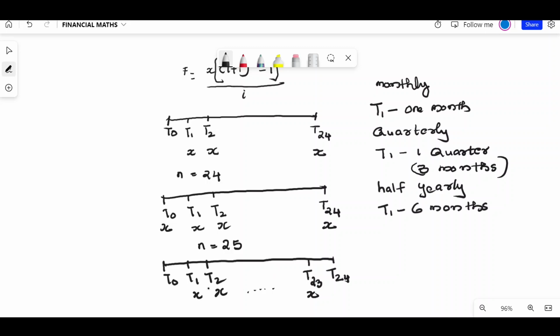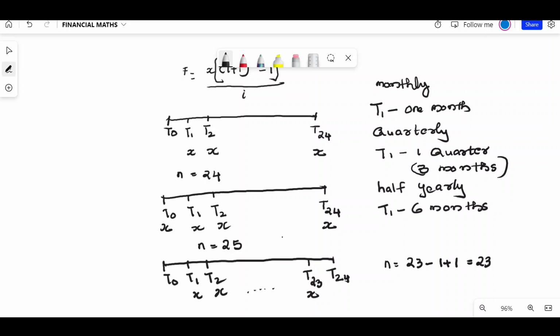If you think it's difficult to count or understand, you can also find the number of payments like this. n equals where the payments stop, 23, minus where the payments started, 1, plus 1. So there are 23 payments.